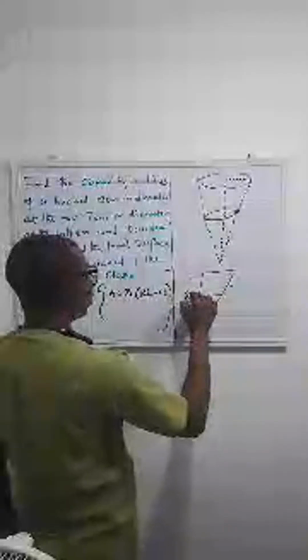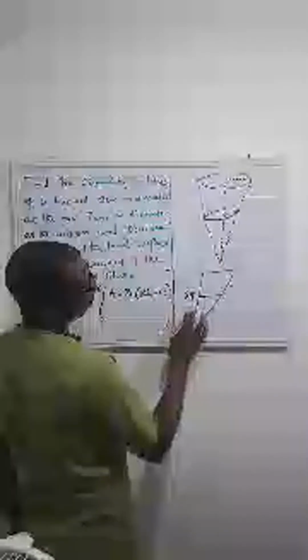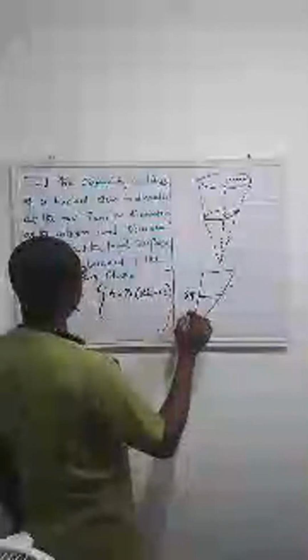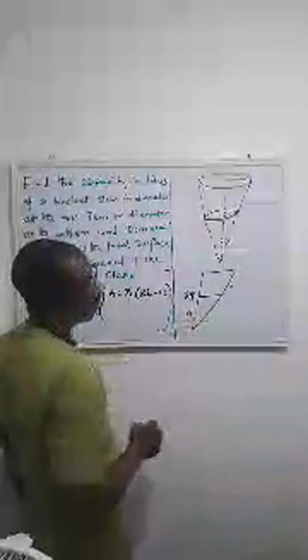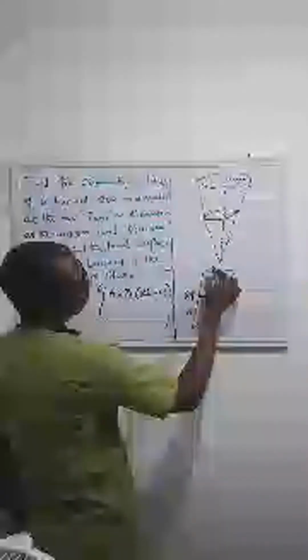Okay, so now we have x, and this is 24. Now the longer side is 24, right? And this smaller one is what? It is 14. Okay, so now don't forget this is 3.5. Why this is 6? So we can make use of Pythagoras theorem now to get this side here.